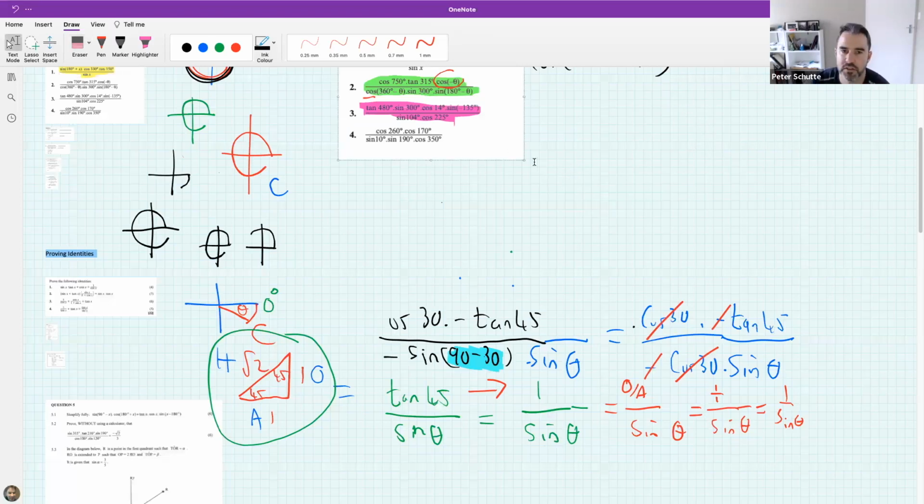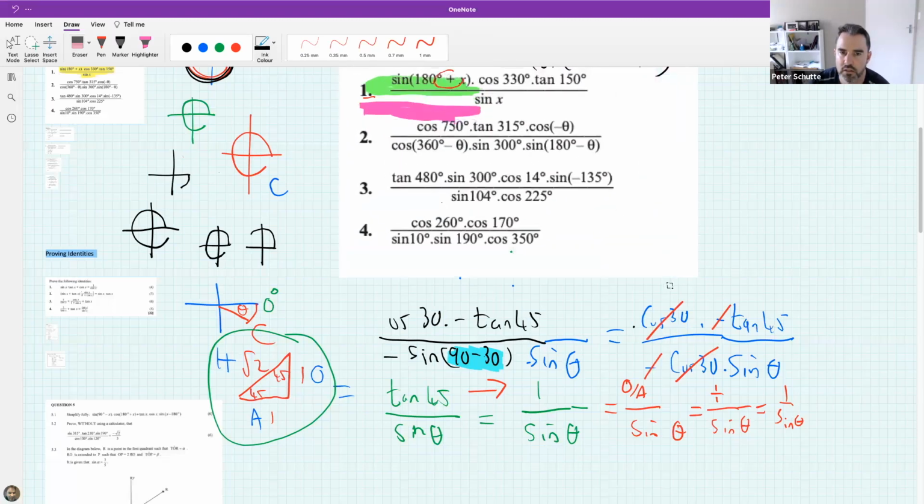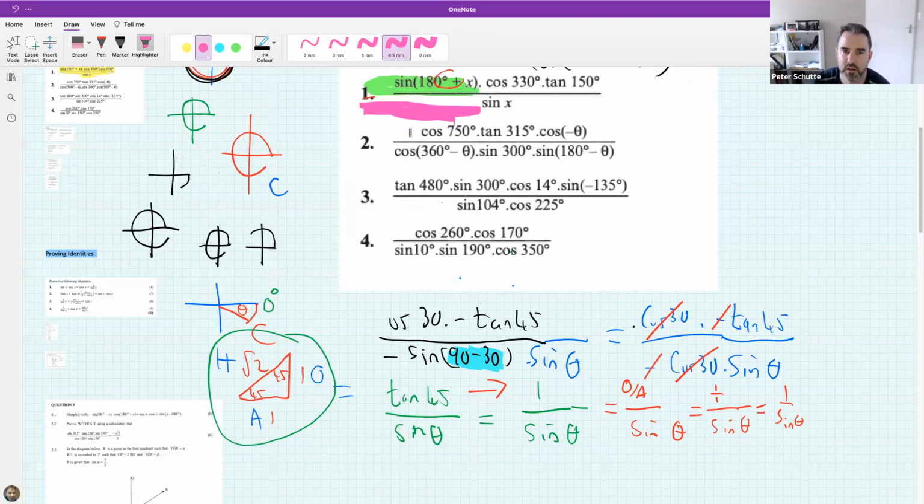Number 3. And that's got a bit big, and other stuff I'll move out the way in a moment. So we are doing number 3. See if you can reduce that.